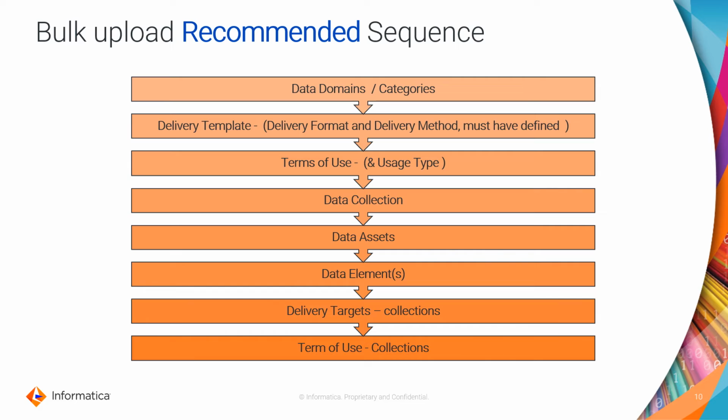During the delivery choice, it can be selected what type of delivery method is used for that particular order. Last but not least, the terms of use can be created and associated to a specific data collection, where you may have multiple terms of use. For example, the data can be accessible, controlled, or restricted. These are the different types of usage which can be associated with the data collections.